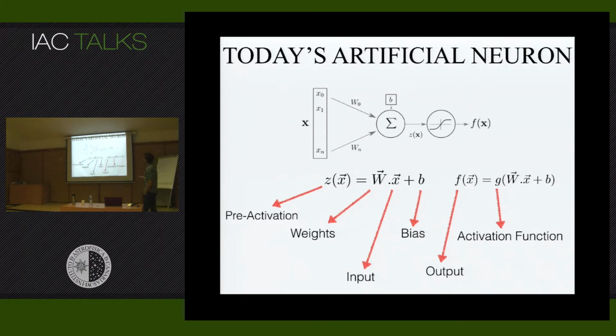Then what happens is that you input this into a neuron over here, and the neuron simply multiplies every measurement by some weights, W. Remember, this is your network function, and the weights are what you're trying to optimize. You can add some bias, an additive term, but this is not important.